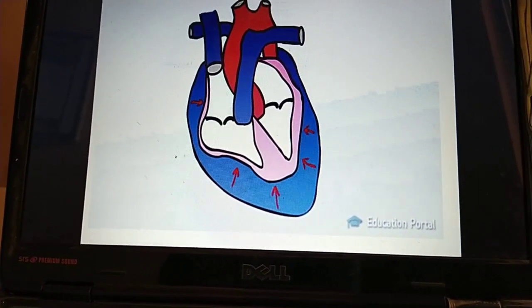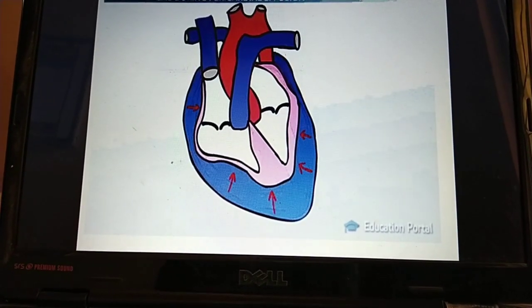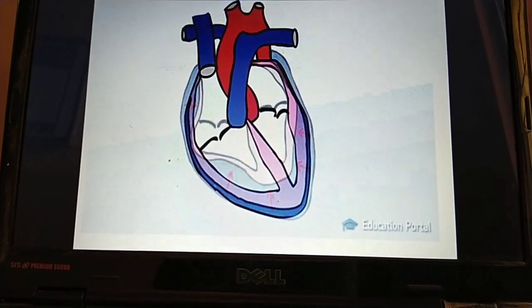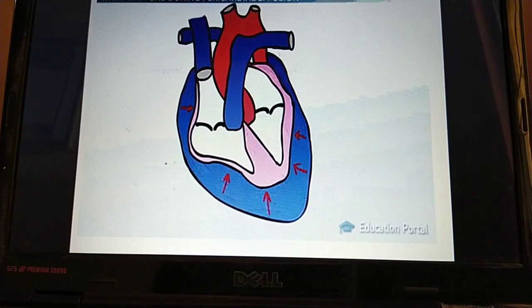Another function is that it helps keep the large vessels open. Because of this pericardium, the large vessels of the heart remain open.